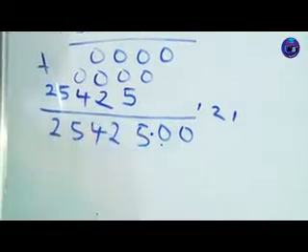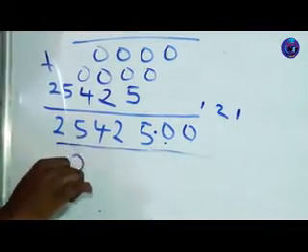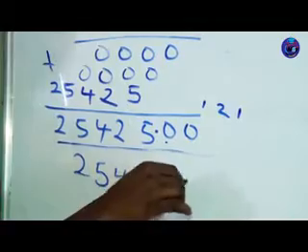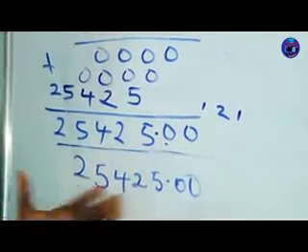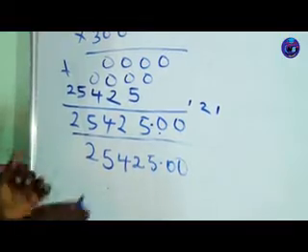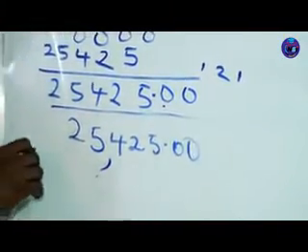So I place a point here. The answer becomes 25,425.00. This 0 is insignificant, so you could call it 25,425. Now, method 2.